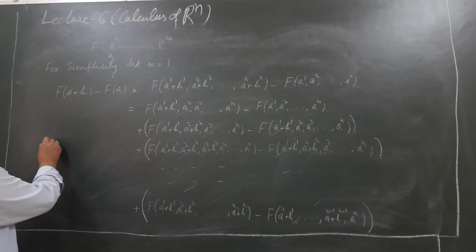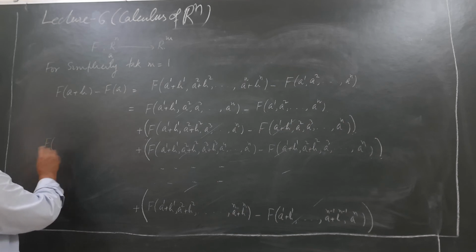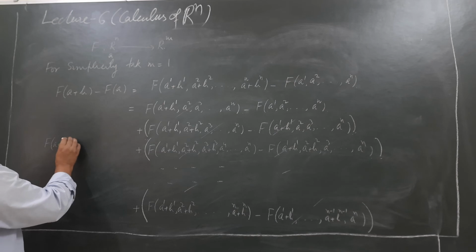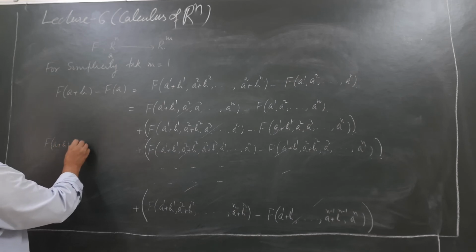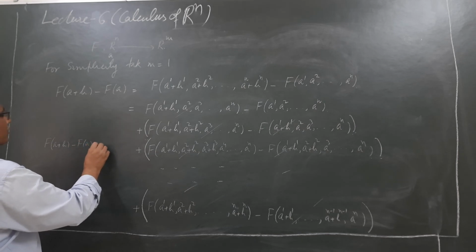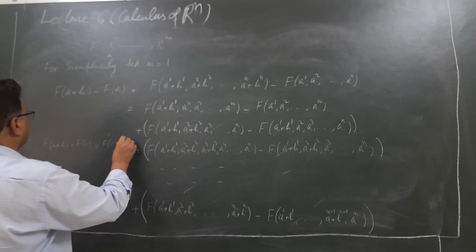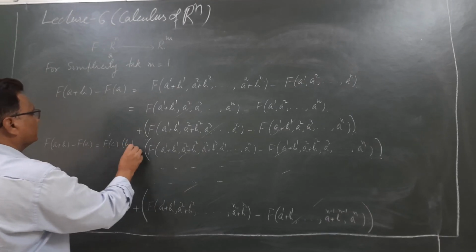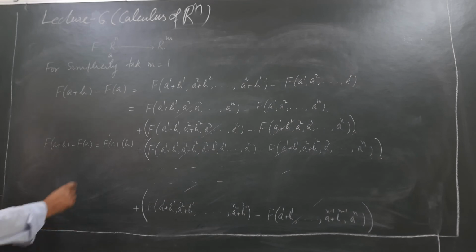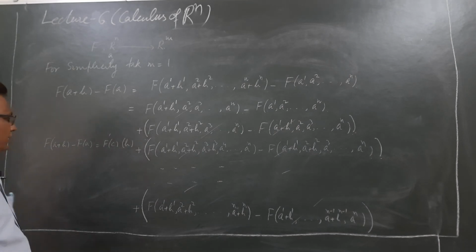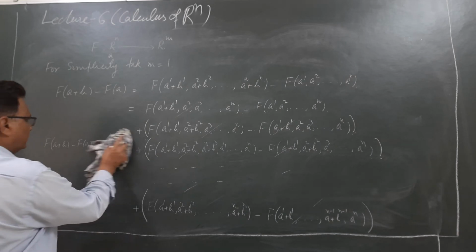It says that f of (a plus h) minus f of a over h is equal to f dash c, that is, f of (a plus h) minus f of a equals some f dash c into h, where c belongs to the interval of size h. It is an interior point of that interval.